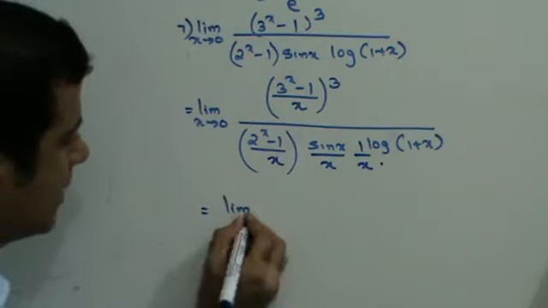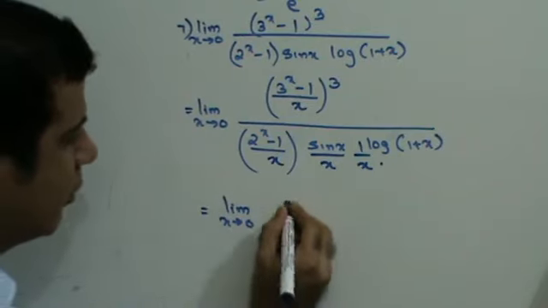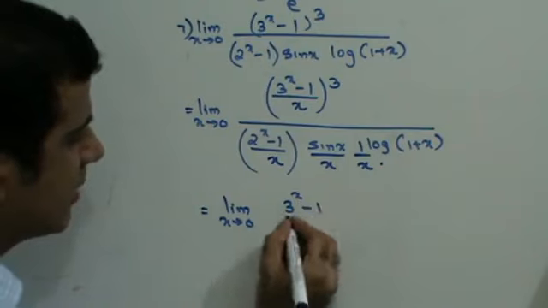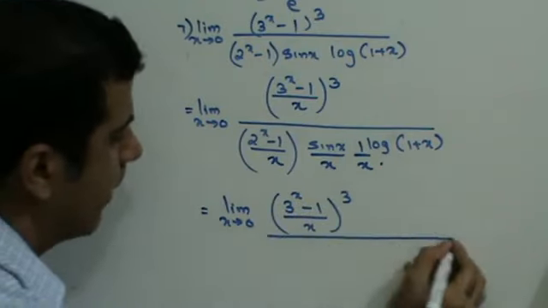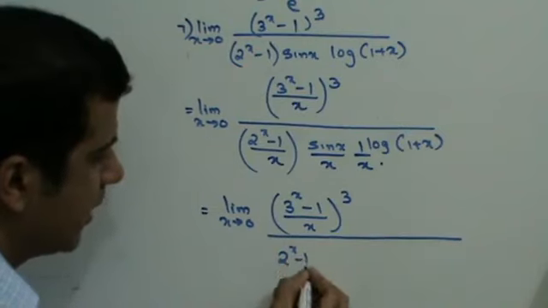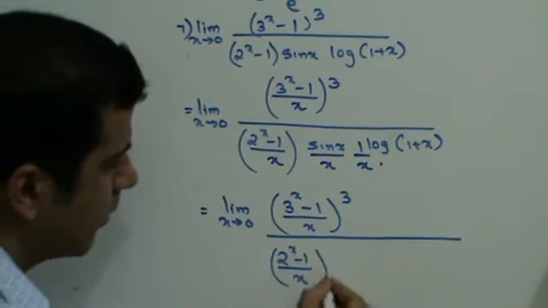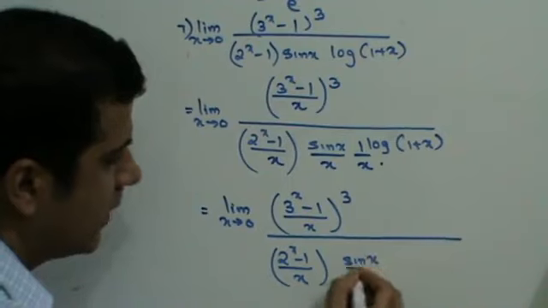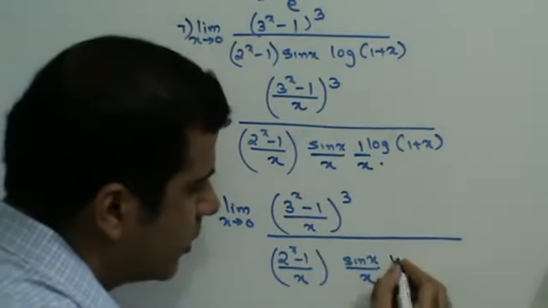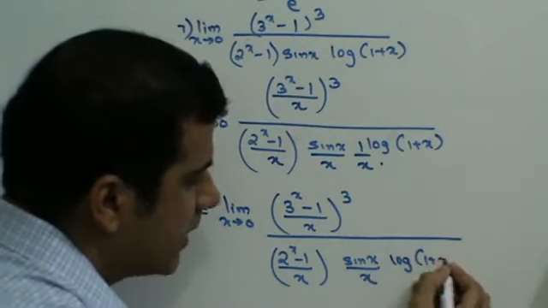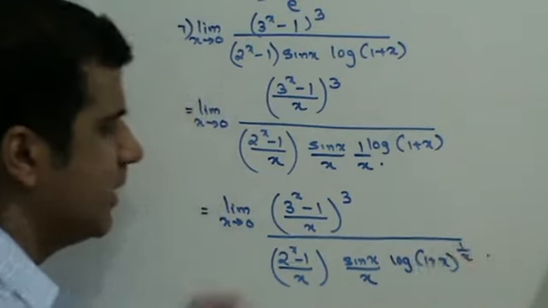This can be written as limit of x tends to 0, 3 raised to x minus 1 upon x the whole cube upon 2 raised to x minus 1 upon x, sin x upon x. Whatever is the number before log goes up in the indice. So this will be log 1 plus x raised to 1 upon x.